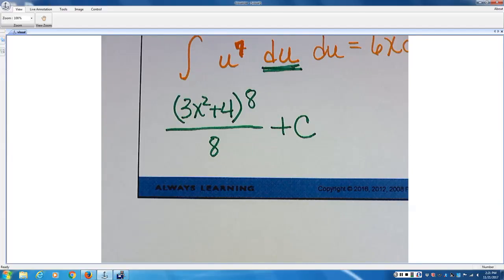Now, I'm gonna present the next one in a little bit different way from what is actually presented in the book. So here's what your next one's gonna look like.